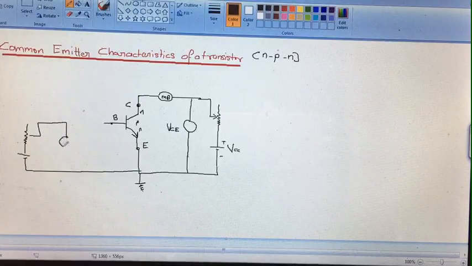We need a voltmeter which will measure the VBE, base emitter voltage, and also we need an ammeter which will measure base current.